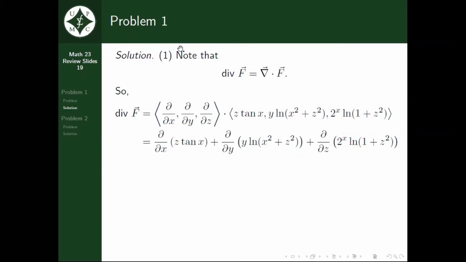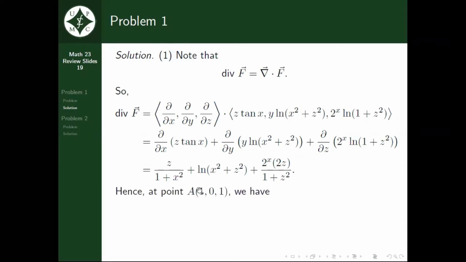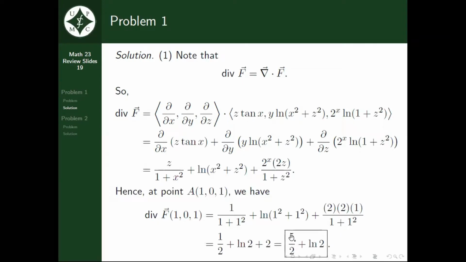Pun slightly intended. Now, in case you have forgotten how to perform partial differentiation, you may refer to our previous videos on partial differentiation. So we have this one, and then substitute x is equal to 1, y is equal to 0, and z is equal to 1, so that we arrive at this result, 5 over 2 plus ln of 2.